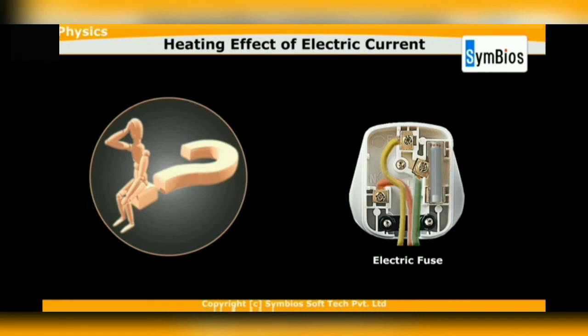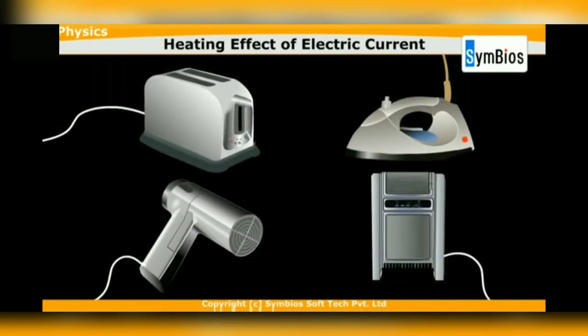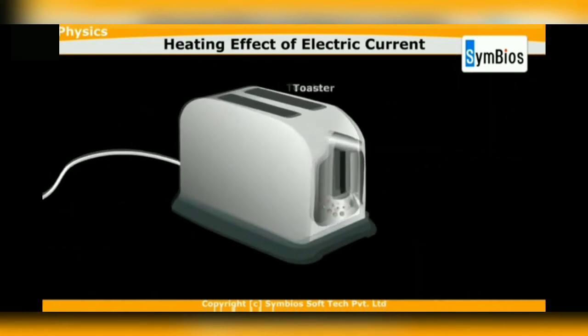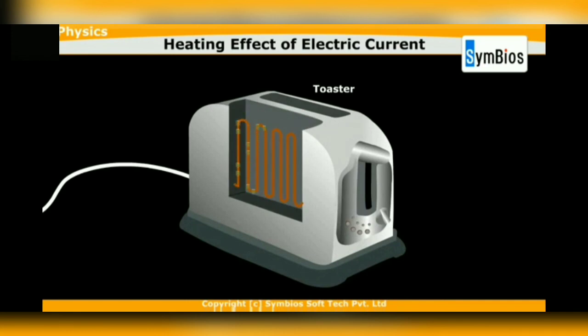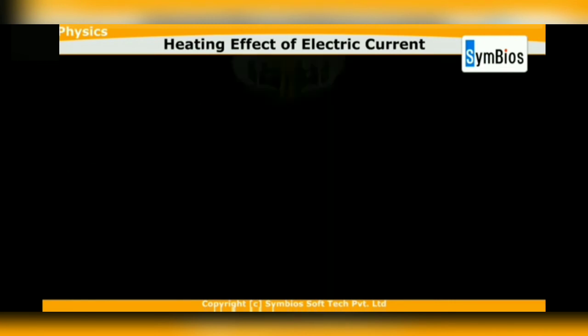Do you know why this happens? Let us find out the answers. These devices are provided with coils or filaments which act as heating elements. When the current is passed through these devices, the filaments or coils get heated up and convert the electrical energy into a large amount of heat energy.